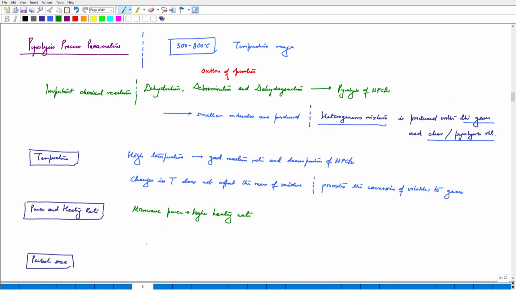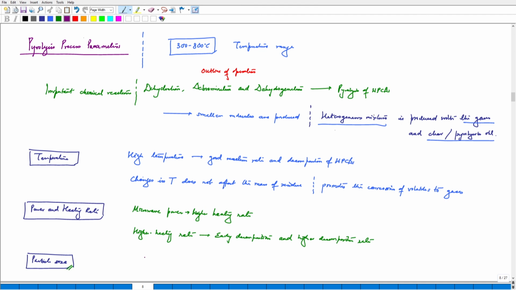And higher heating rate means, everything is actually interconnected, higher heating rate means early decomposition. It starts early, it ends early. And higher decomposition rate. So not just early, it becomes quicker.